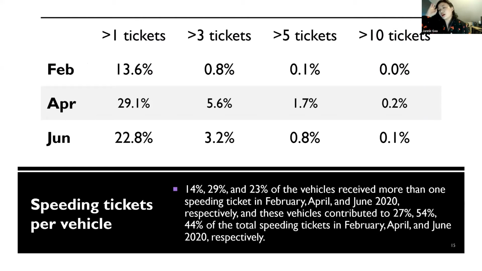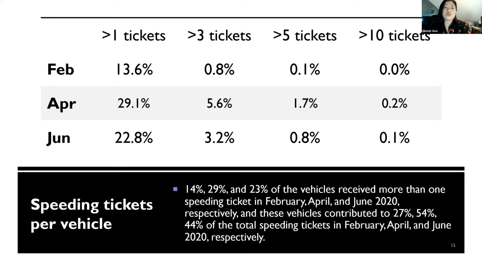Okay, so another question comes up when we look at this data and present it on our dashboard: is it just drivers randomly getting speeding tickets, or are there maybe a small number of drivers who are repeatedly speeding, the aggressive drivers?